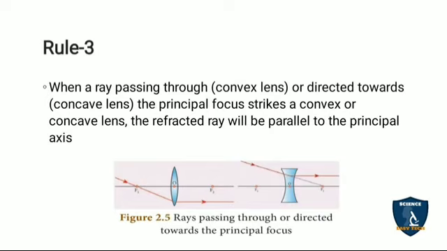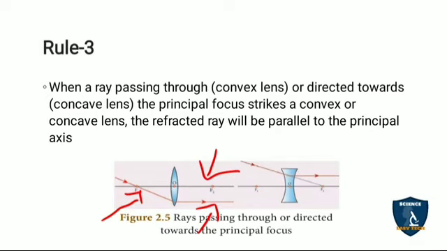The next, rule 3. When a ray passing through a convex lens is directed towards the principal focus and strikes the lens, the refracted ray will be parallel to the principal axis.